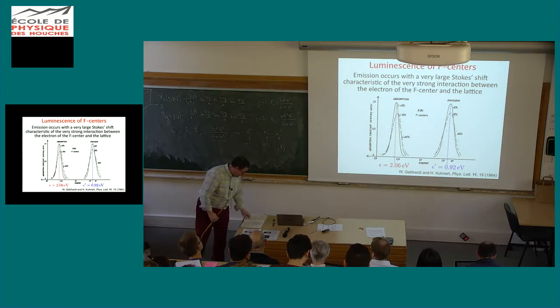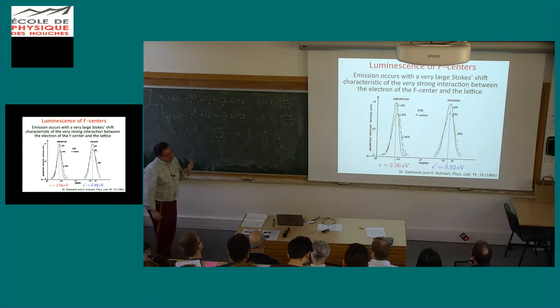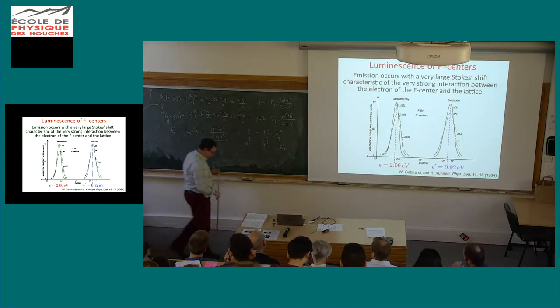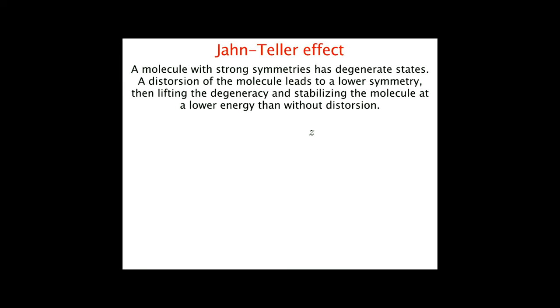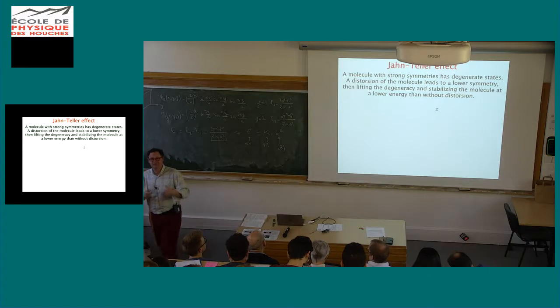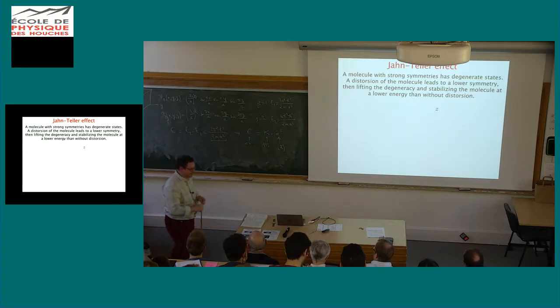So how can we explain that? This can be explained by a very general effect in solid-state physics, which is called the Jahn-Teller effect. The Jahn-Teller effect is something a little bit mysterious, at least for me. If you have something that you do not understand, you usually invoke the Jahn-Teller effect.